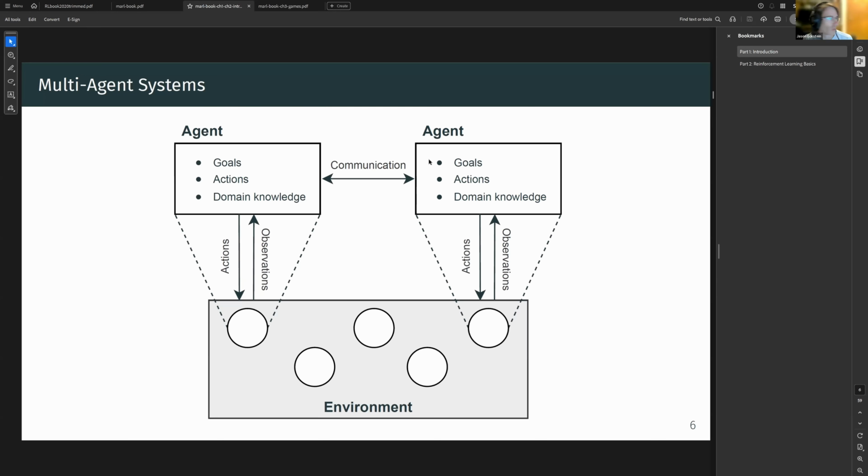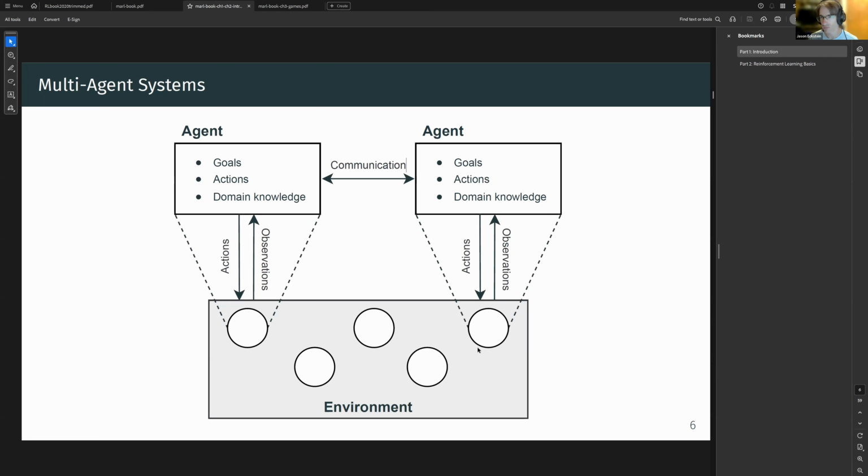And then there is this other note that, for the full problem, we would also like the ability for the agents to communicate with each other. I think this is not touched on that thoroughly in the book, but it is something interesting to keep note of. The difference between communicating and taking an action is that you can think of communication as an action that doesn't affect the environment.